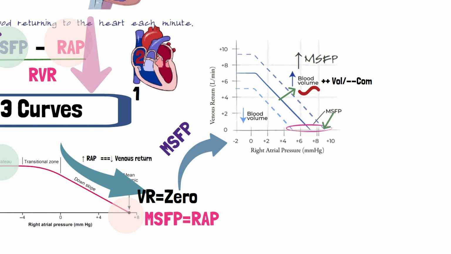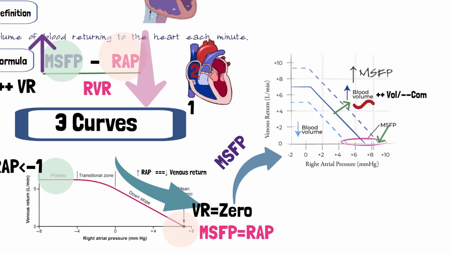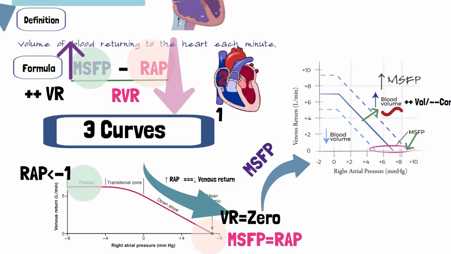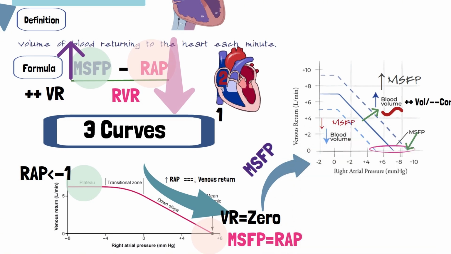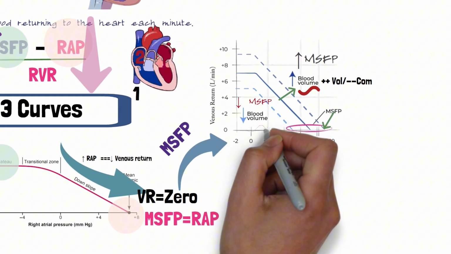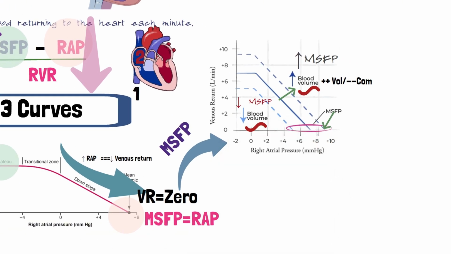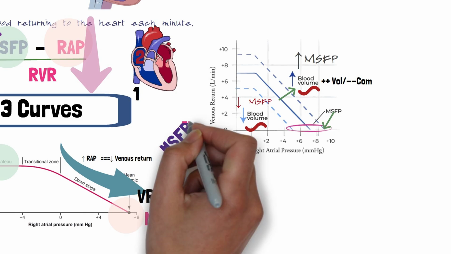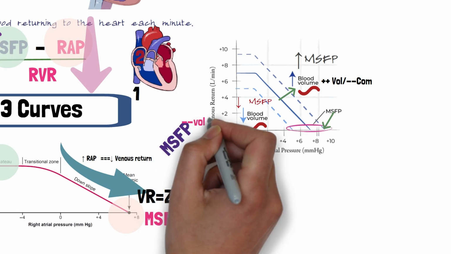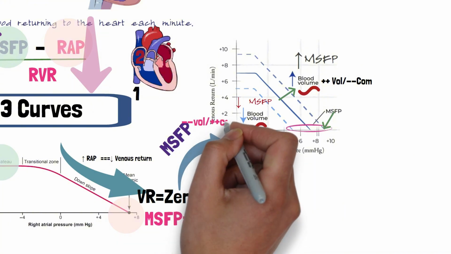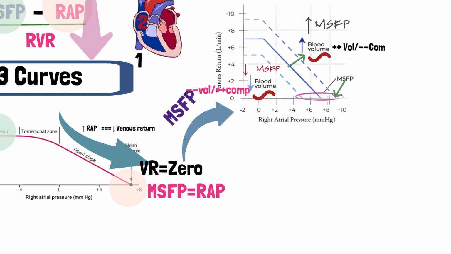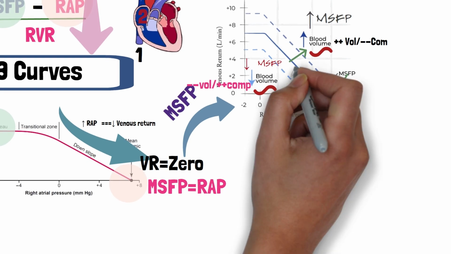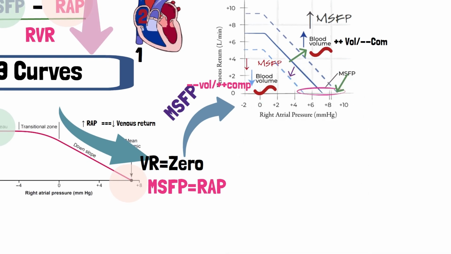We find that the curve shifts up to the right, and notice that the x-intercept point here moves because we are changing the mean systemic filling pressure, so the value here needs to be changed. If we are going to decrease the mean systemic filling pressure by decreasing the blood volume or increasing the compliance or the capacitance, this will make the curves shift down to the left.